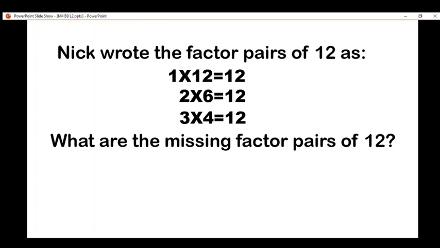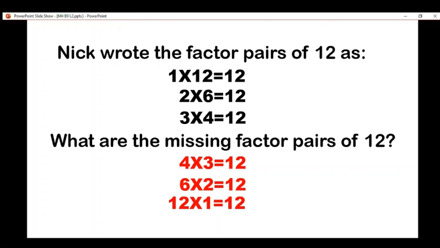That is 4 times 3 equals 12, 6 times 2 equals 12, and the last one would be 12 times 1 equals 12.